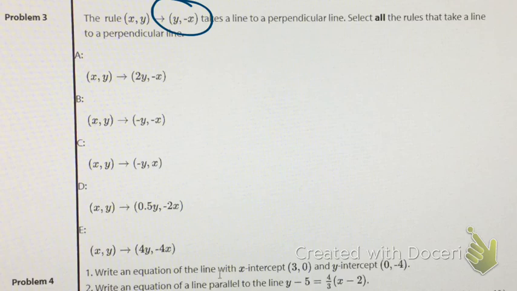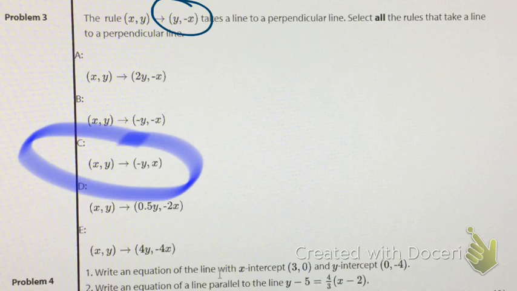So right here, we know that C is a good answer. On D, y and x switch places, x is negative, but it's got different numbers. So you want to check that. Here's what I want you to do on these. Go to Desmos and check those. Check the points. Get a few sets of points and see what happens if you try that.